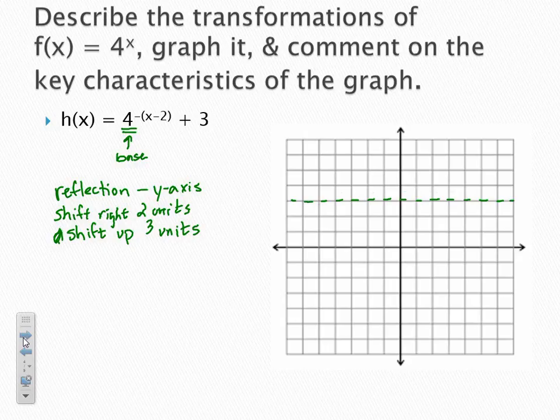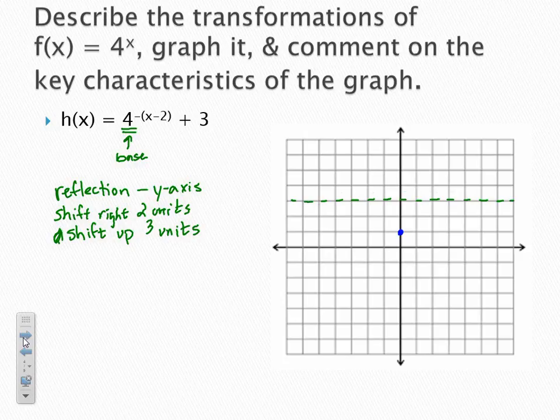okay? Now it'd be nice to have a couple of points to help us graph this. And I'm really just going to utilize 2 points. I'm going to first off think about where was the y-intercept originally on the parent function. Well, originally on the parent function, the y-intercept was at the point 0, 1. Okay? Well, that point is going to be impacted by both of our shifts.